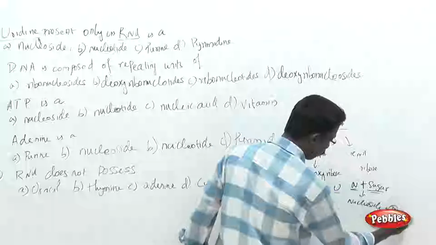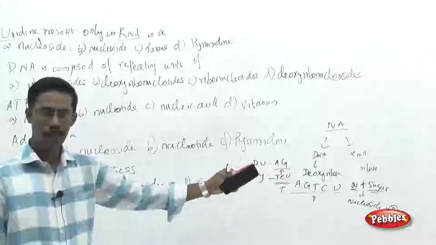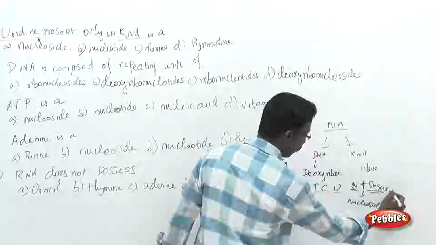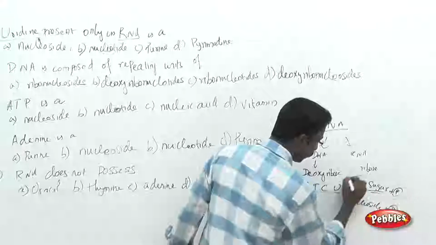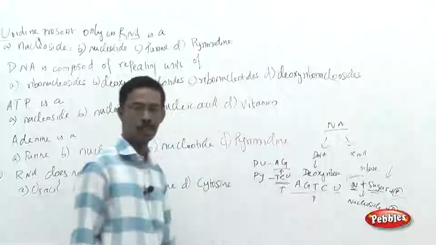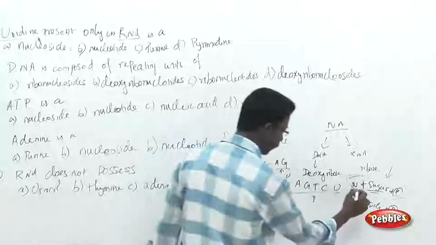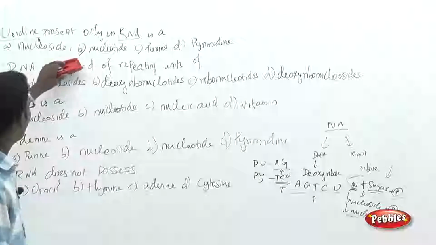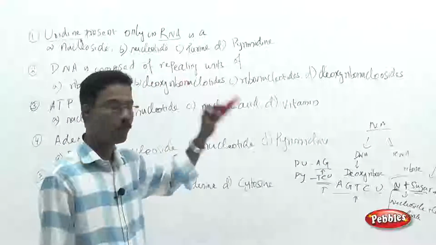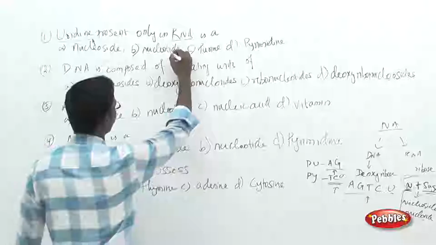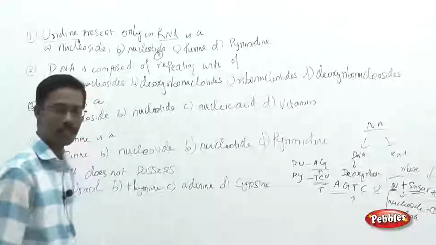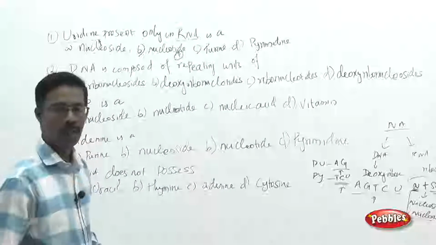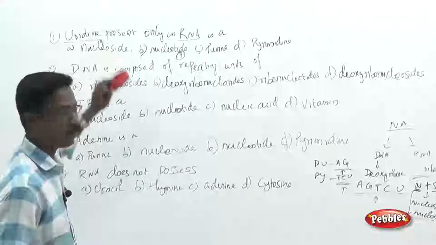Plus a phosphate group, by means of the phosphodiester bond. A nitrogenous base plus sugar plus a phosphate group, together these three form a structure called a nucleotide. Whenever you think about the term nucleotide, it comes along with the phosphate group. If the phosphate group is present in the structure, that is a nucleotide. If there is no phosphate group, only the sugar and the nitrogenous base, that is a nucleoside.